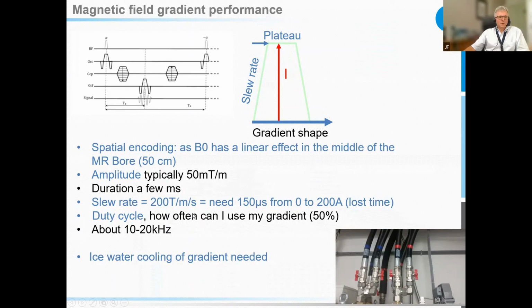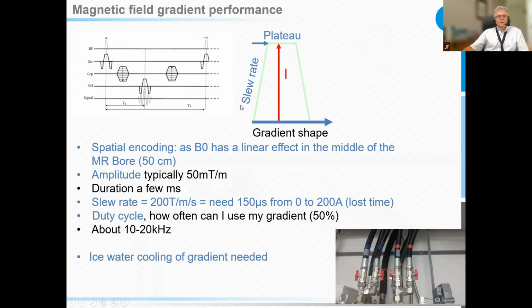This is also a threshold value that we have to follow: 200 tesla per meter per second. This means about 150 to 500 microseconds just to go from 0 to the plateau. And there you switch from 0 ampere to 200 ampere, and this as fast as possible.